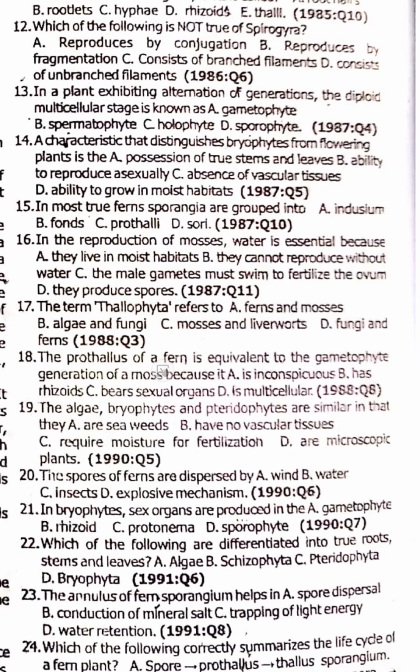Then there is another one called ferns, which are called pteridophytes. The algae, bryophyte and pteridophyte have what is called alternation of generation.